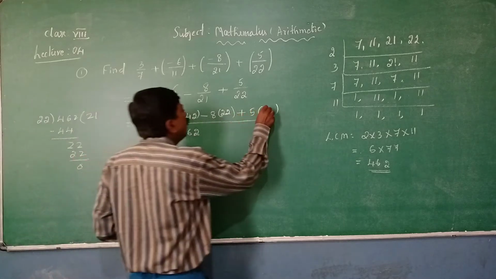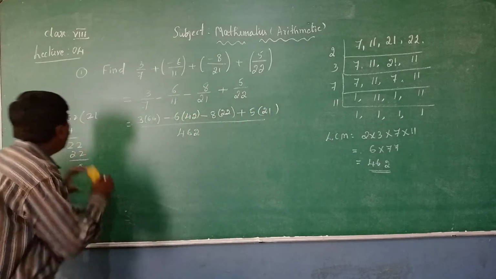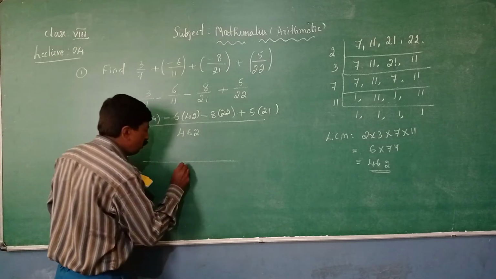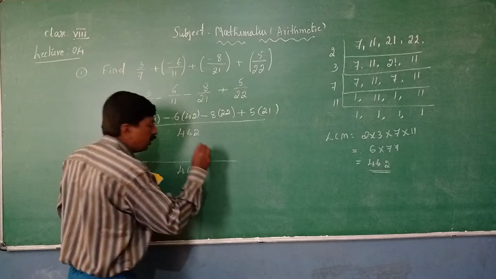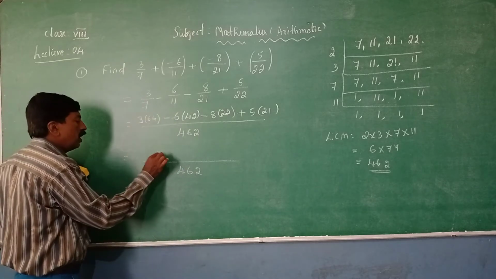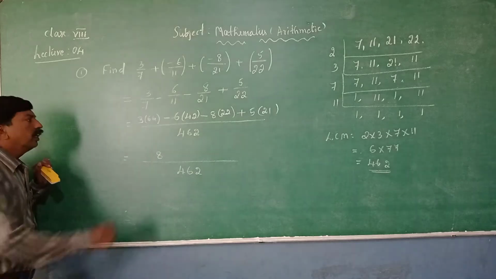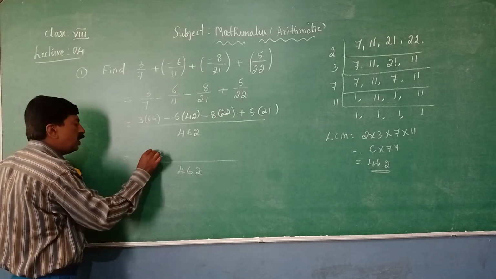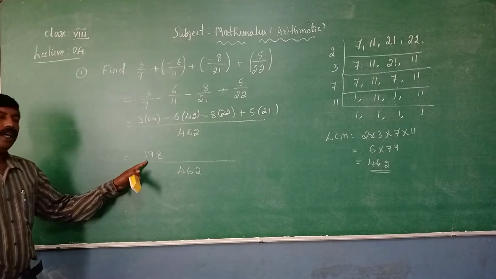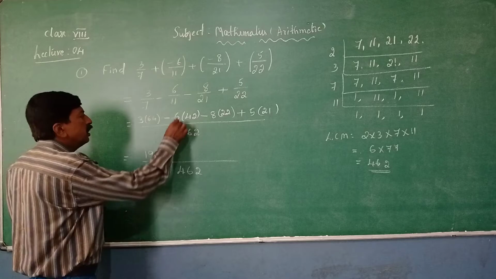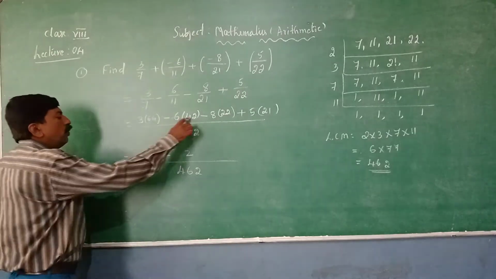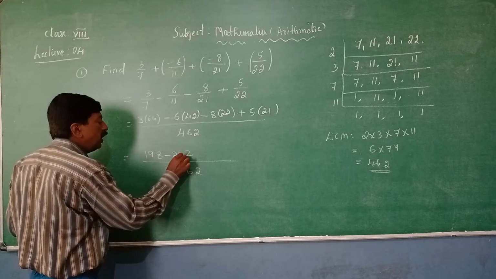Therefore it is 21. In the next step, you can write the denominator 462 as it is. Find the product of these two numbers. 6 3s are 18, plus 1 is 19. Therefore, 3 into 66 is 198. Minus 6 into 42: 6 2s are 12, 1 carry, 6 4s are 24 plus 1 is 25.